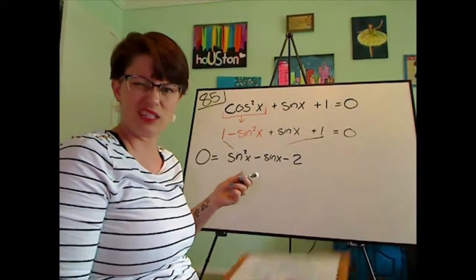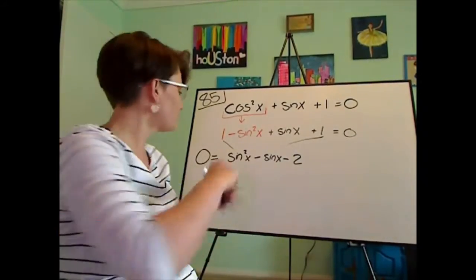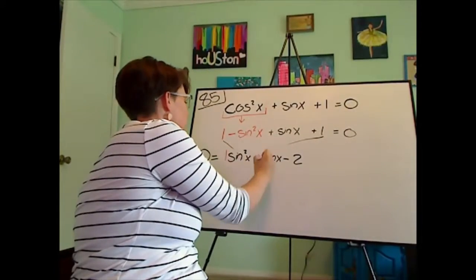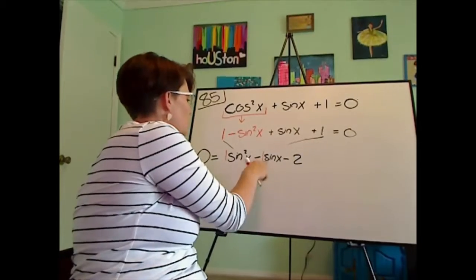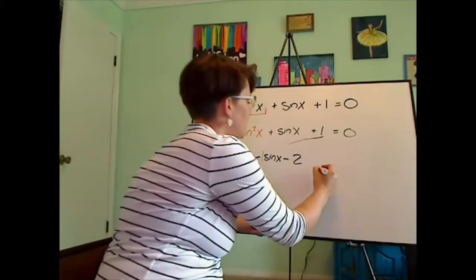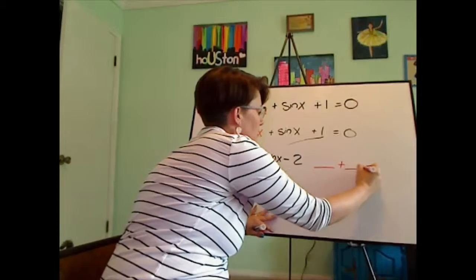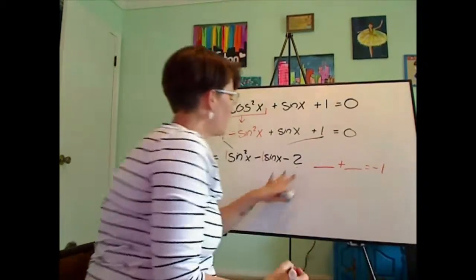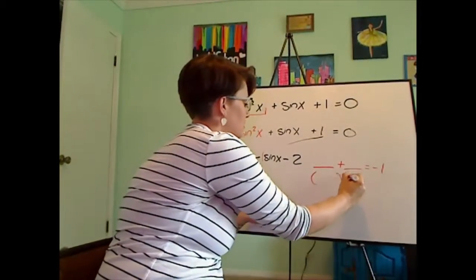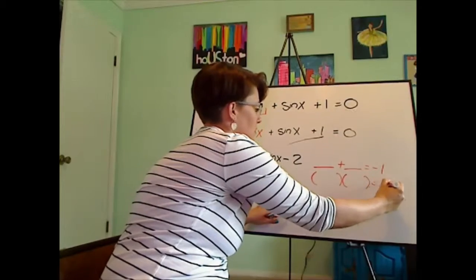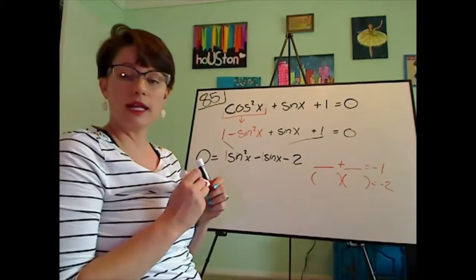All right, factor a trinomial, and we can do this. It's a little weird with the signs in there, but it's just a trinomial. This is like a 1, this is like a 1, that's obviously a 2. We want to think to ourselves, what adds up to negative 1 and multiplies to negative 2?